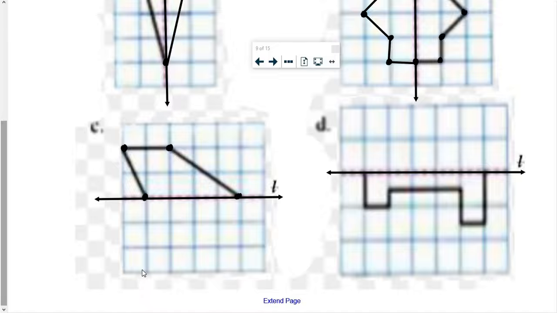Step number 2, the points which lie on the line of symmetry will not move or will not be reflected. So this corner here will be reflected 2 boxes down. This corner here will be reflected 2 boxes down. And these 2 points will not be reflected.